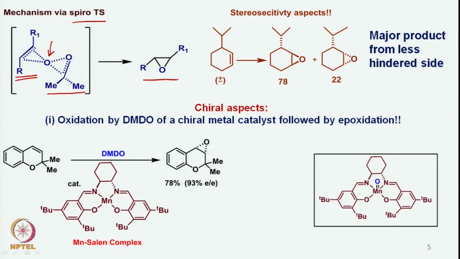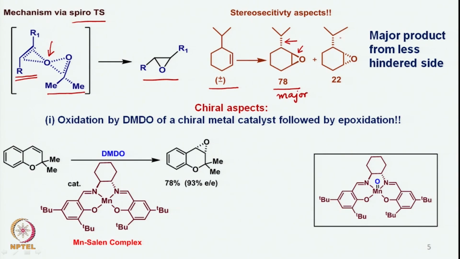For example, one can see that if we start with a molecule like this, which is a racemic molecule with an isopropyl group as a substituent on the top, when the reaction is done, what is found is that the epoxide where the isopropyl group and the epoxide group are opposite to each other forms as the major product with 78% yield.